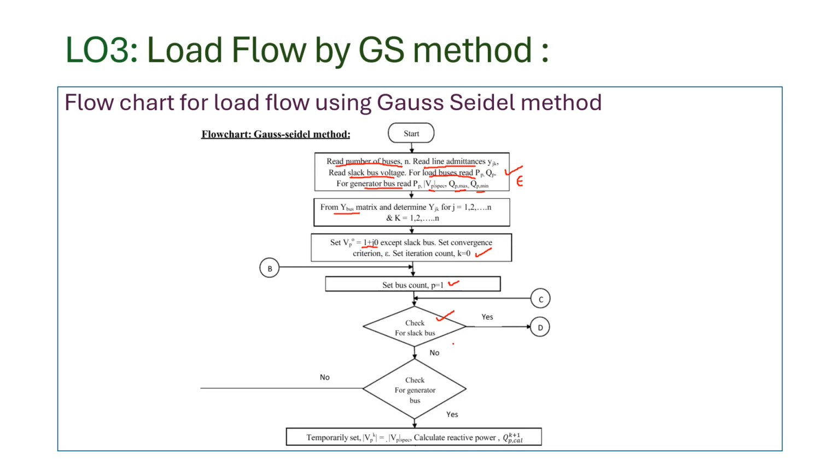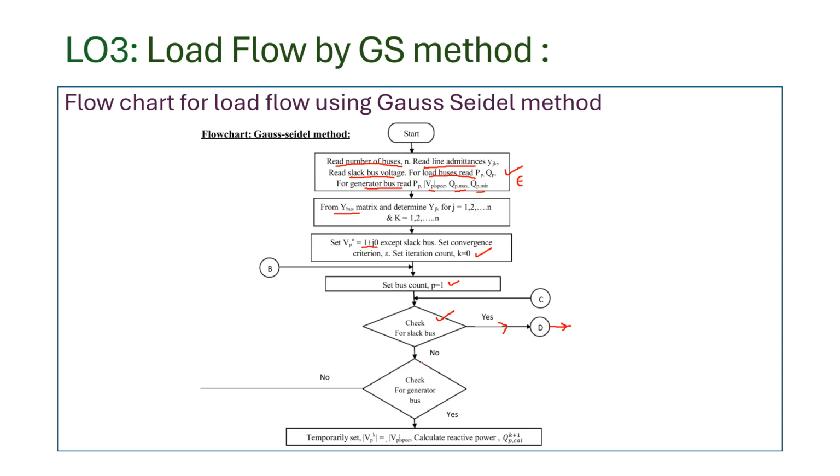That can be avoided, but in this flow chart it is given as check for slack bus. If yes, then we have to go to D. We will see where this D goes. Directly it will go to our checking whether it is the last bus or not. I will show you where it goes.